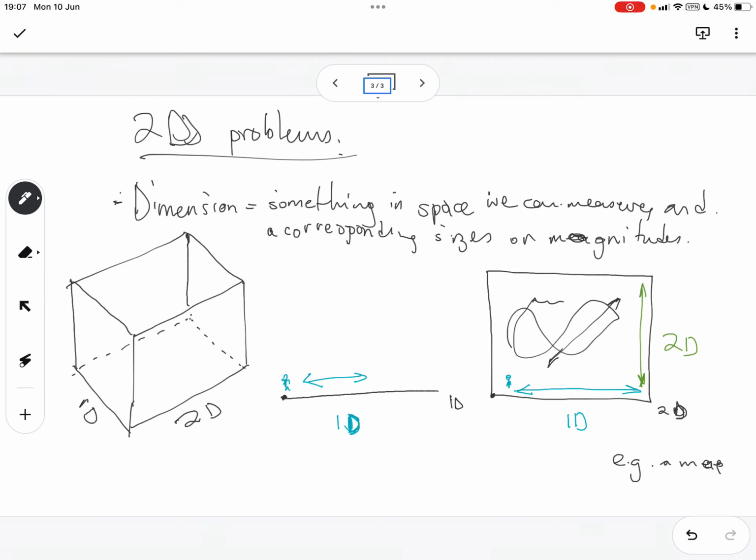So you have that one dimension, and then you also have that 2 dimension that allowed a person to move this way and that way. That's 2D.